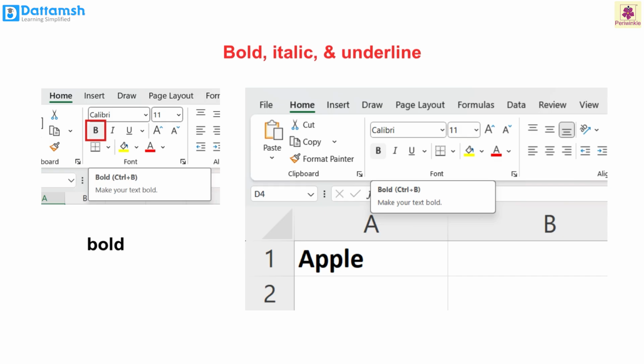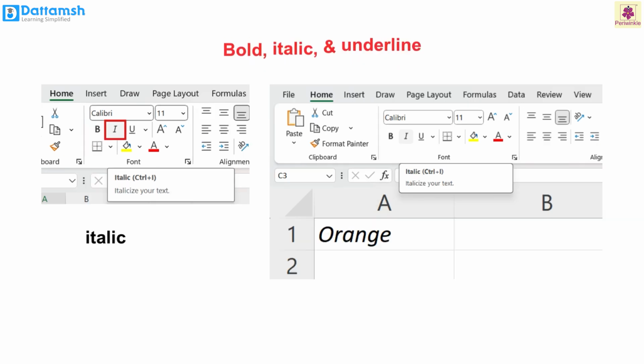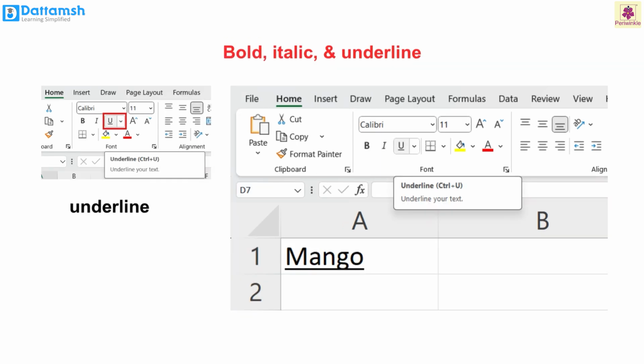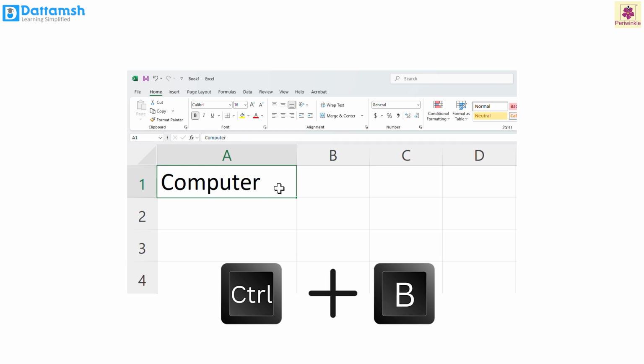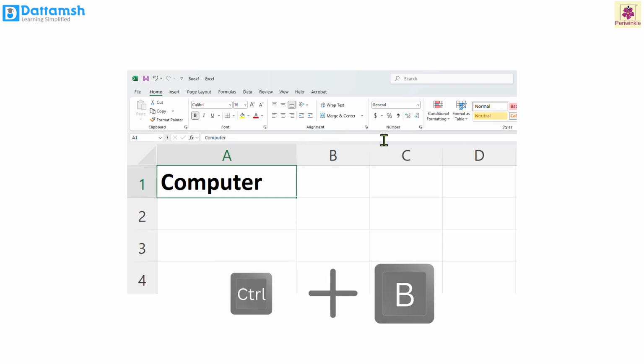Bold, italic, and underline. You can make words bold to stand out, italic to look fancy, or underline them. Let's try this out. To make this text bold, in the Fonts group, click on the Bold button. Alternatively, you can use the shortcut key Ctrl plus B to quickly make the text bold.